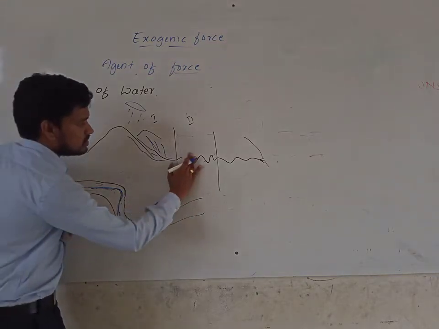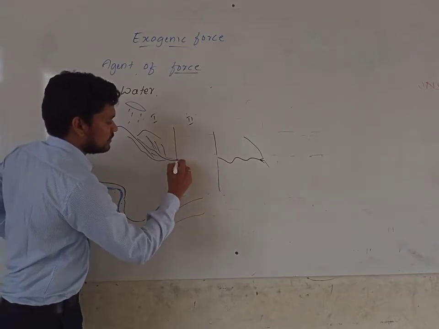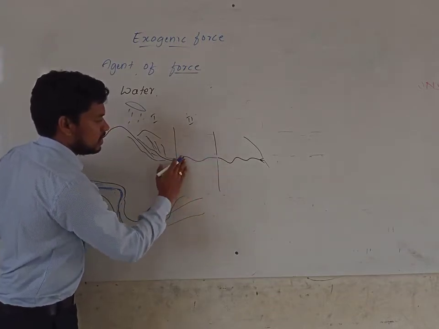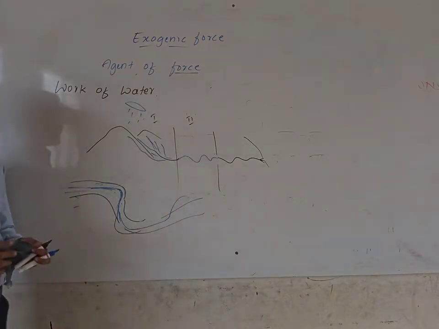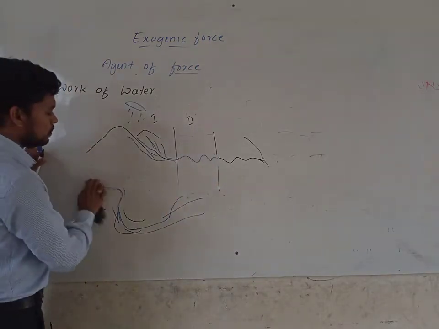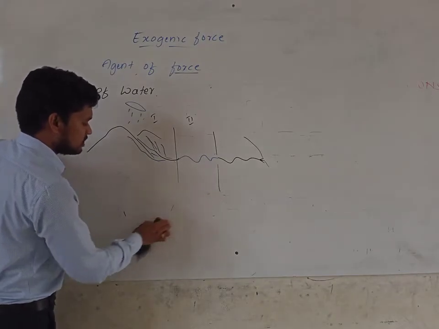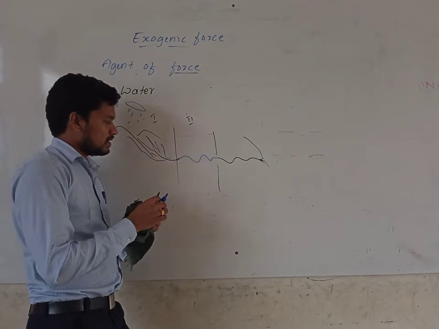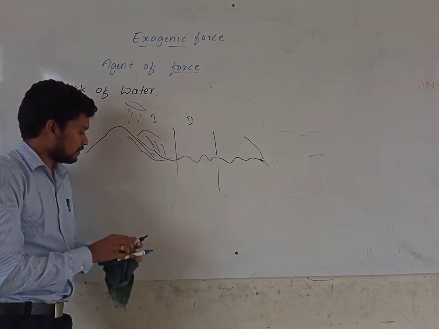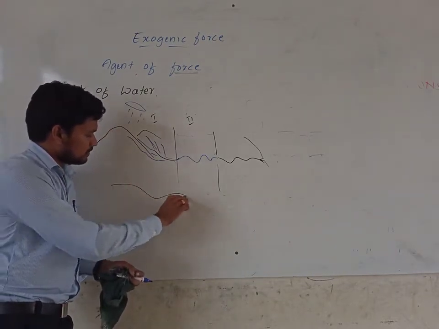So when it was earlier, before thousands of years, it was like this. Now it takes these positions with some more curves because of the work of water. So by having all these curves, it creates many landforms, like a river.